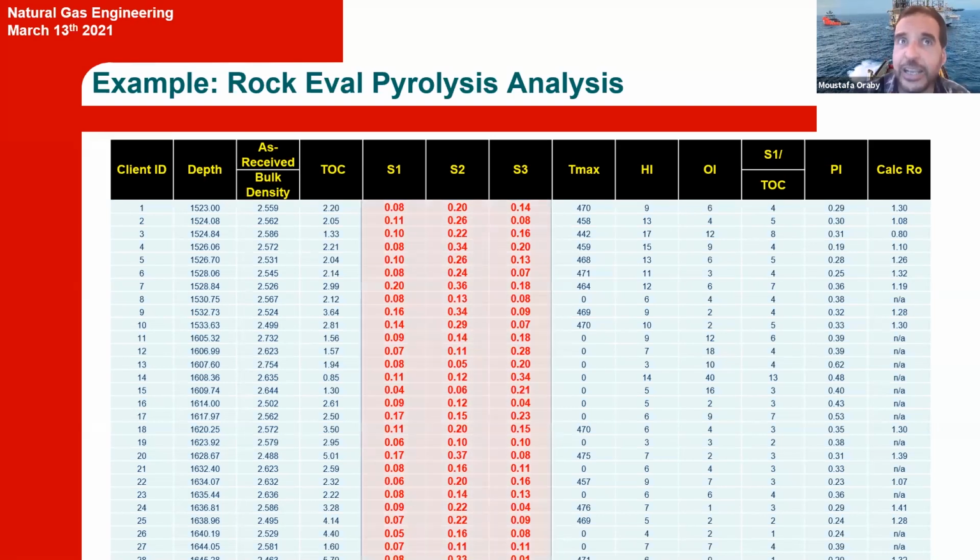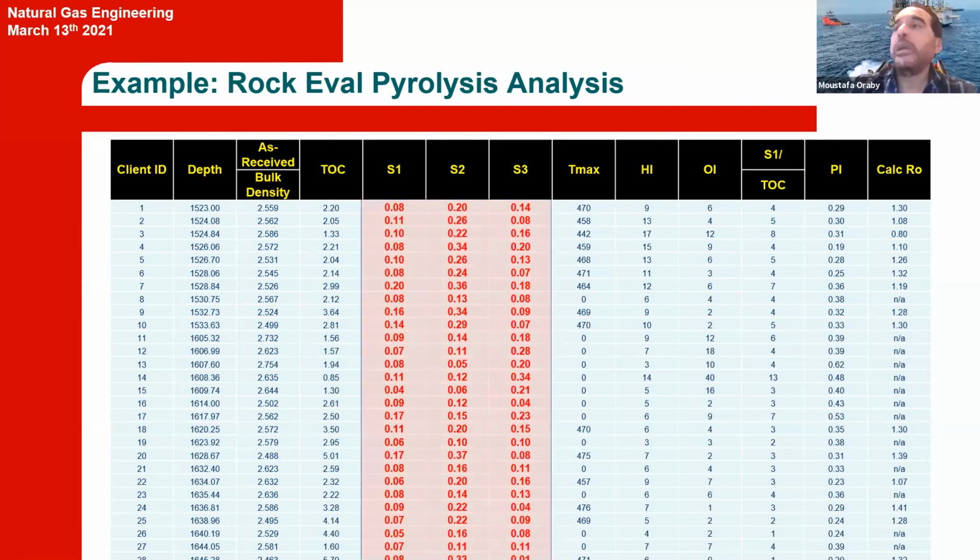If I have high S3, that's a very bad quality source rock. I need a source rock that has the least S3. It means it doesn't have enough free oxygen that can take away my carbon and create CO2. Okay, so in our unconventional reservoir, we have four S's: S1, S2, S3, plus the SW that we normally have. Okay. All right.